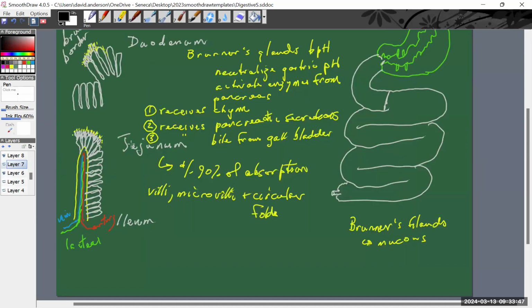So if we come back down and take a look here, so the ileum then, so the jejunum is going to be the location for most of the absorption that's going to occur. And the other feature that we see in the jejunum, and this is the way that the smooth muscle works. Remember, we talked about peristalsis. Peristalsis was always about propelling the food down the length of the tube.